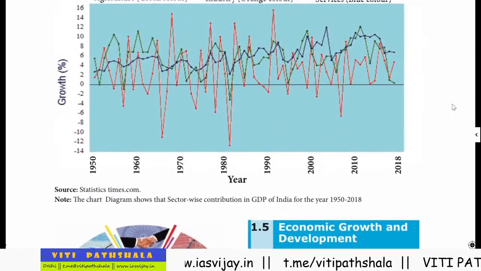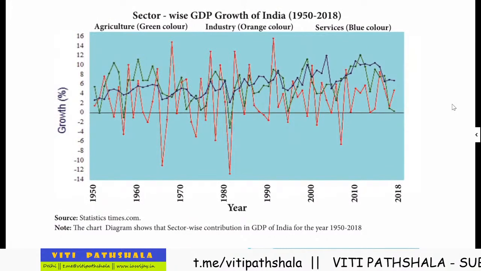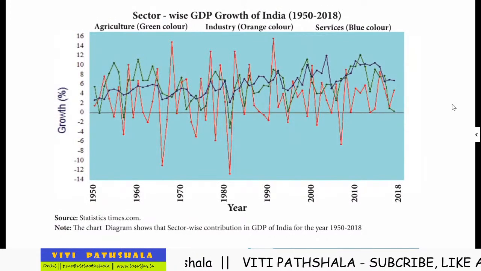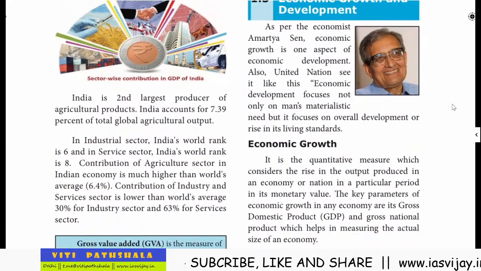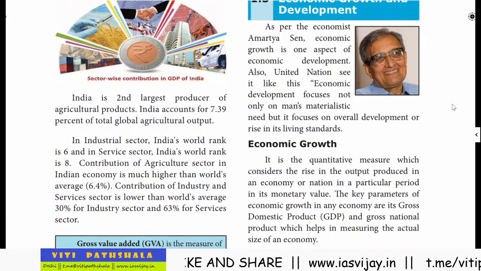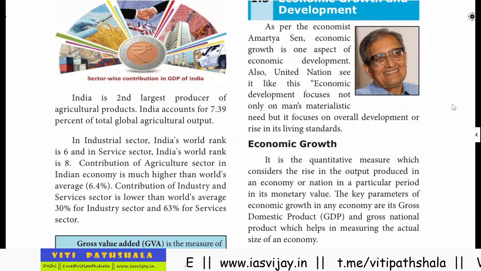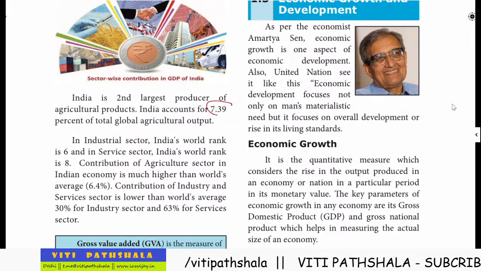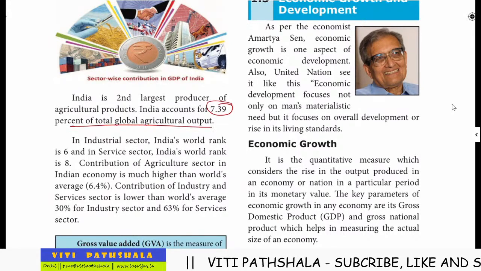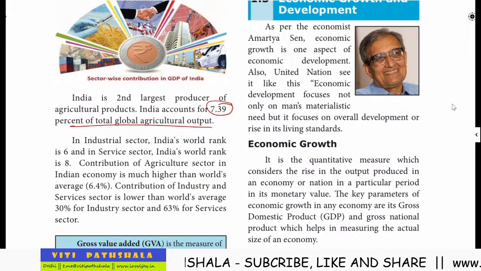They have shown a growth chart of how the growth was and how frequent it was. Next, India is the second largest producer of agricultural products in the world. India accounts for 7.39% of total global agricultural output.